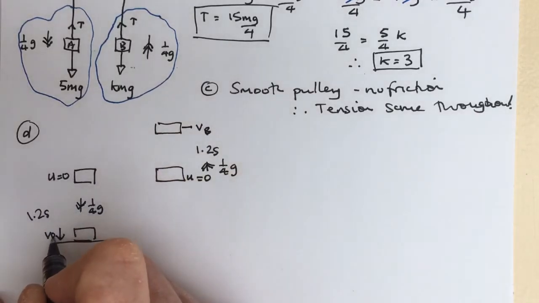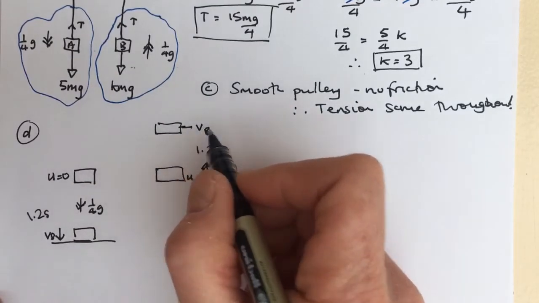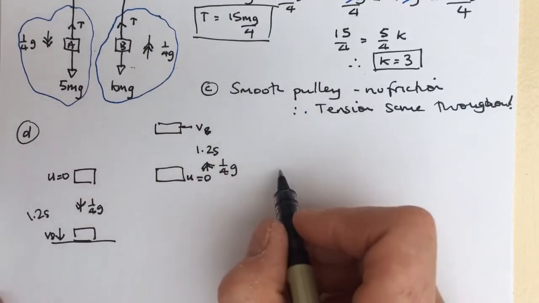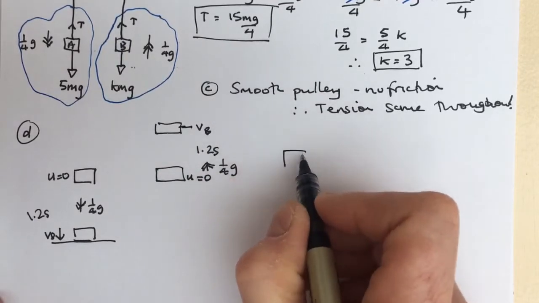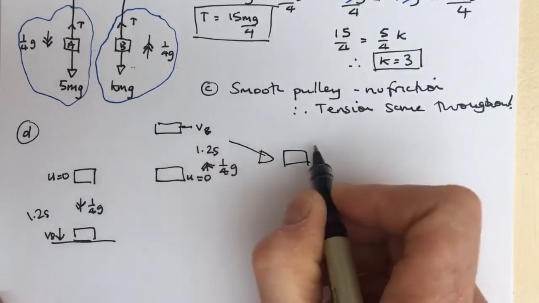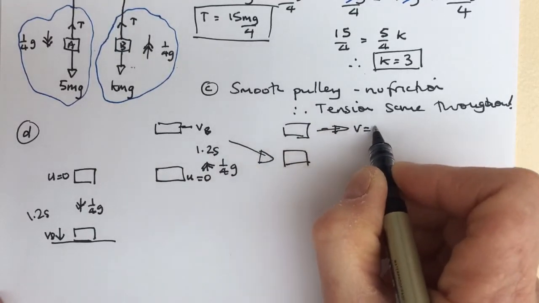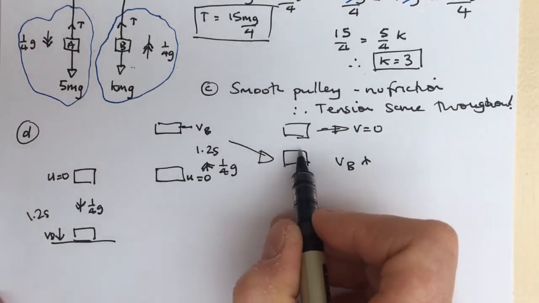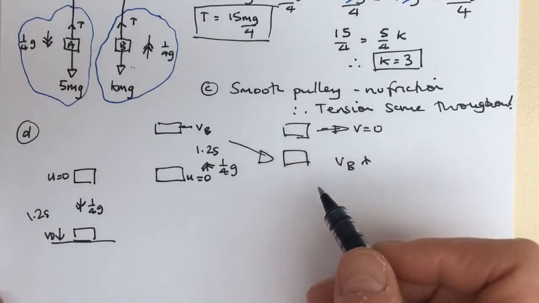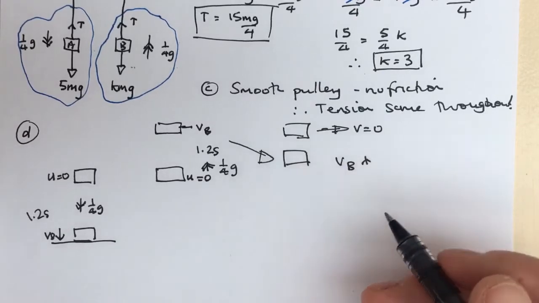This VB has got a value, it doesn't just stop in midair. What happens then is that B moves up further and then stops. So the question is looking for the greatest height reached by B above the plane.